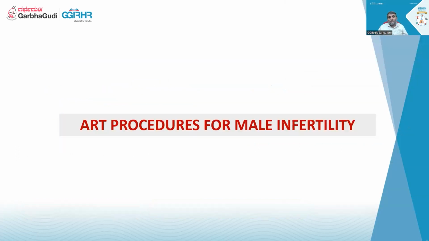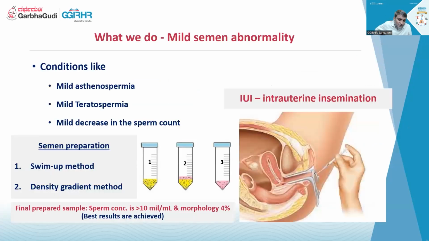Now, what are the ART procedures we follow, commonly done in all embryology labs or infertility centers? Mainly, the ART procedures done in the embryology lab are to overcome male infertility. When there is a severe male factor, we go for ART. In conditions like mild asthenospermia, mild teratospermia, and mild decrease in sperm count, say above 5 and below 16, we go for IUI.